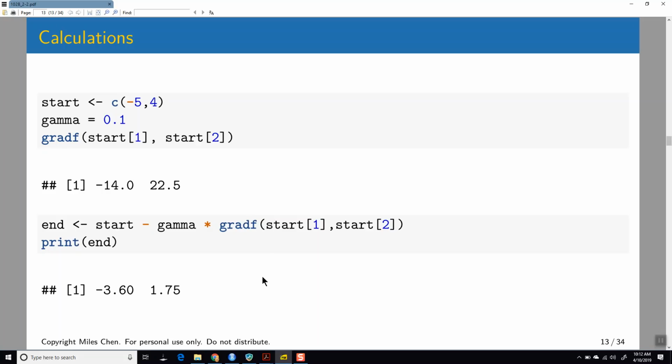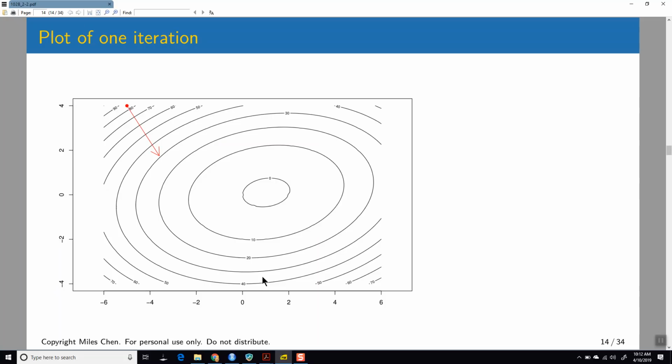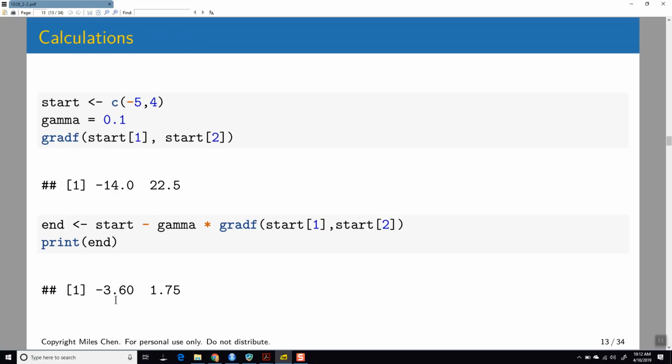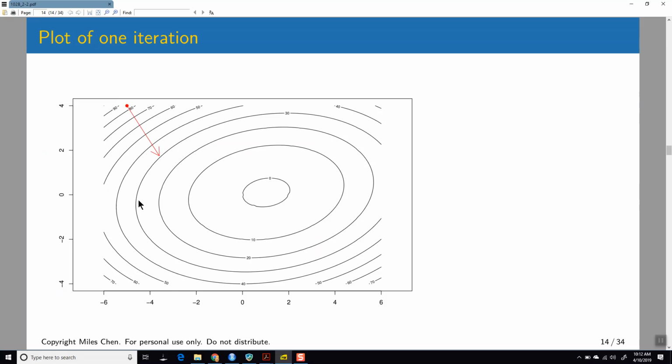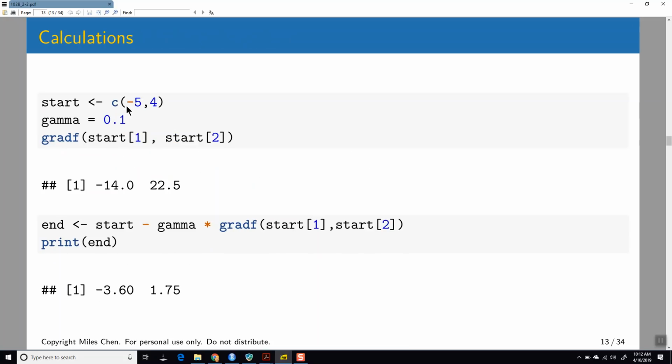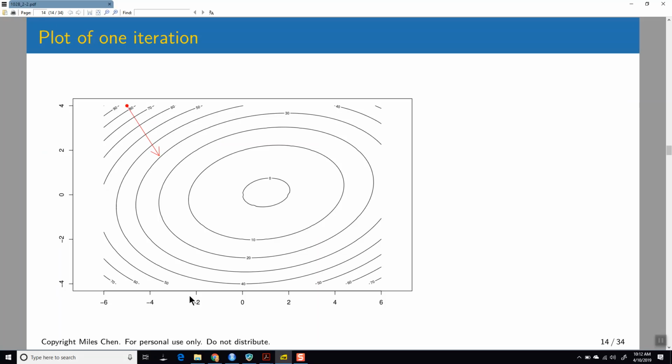Is this okay? And so if I plot this, I start off at -5, comma 4, which is up here, and the next location is going to go to -3.6 and 1.75.